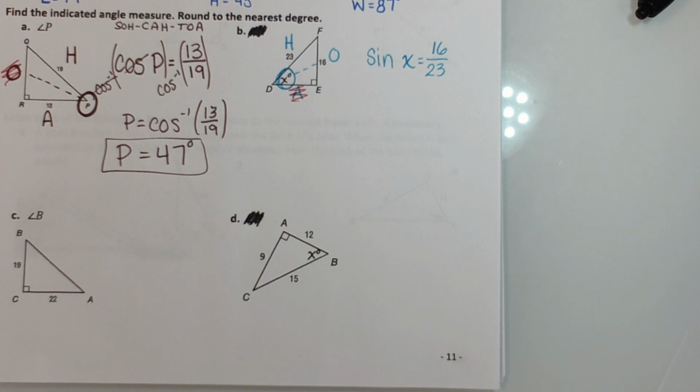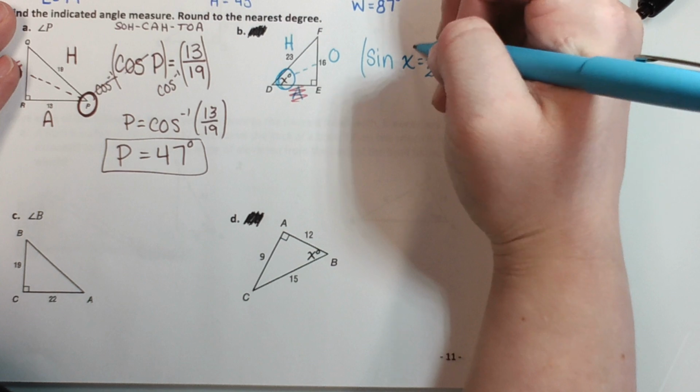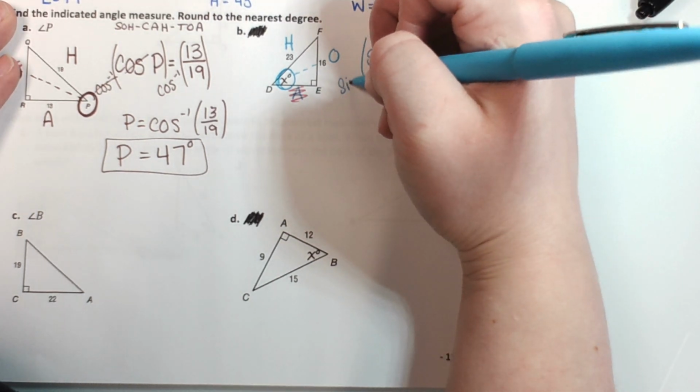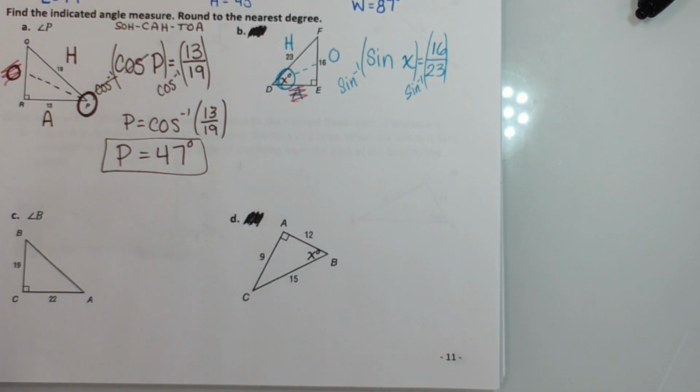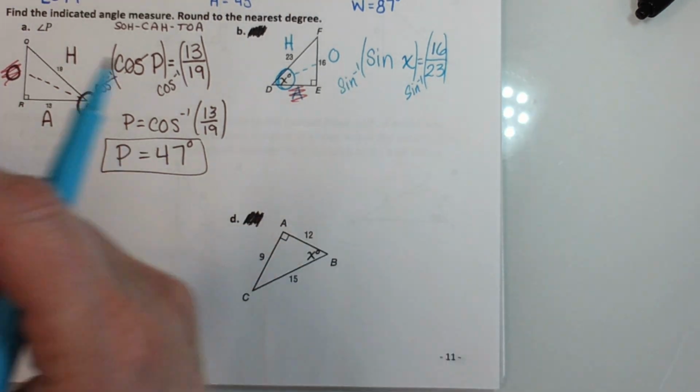Aaliyah, how do I solve for x? Perfect. Put them in parentheses and put the sine inverse in front. On the left side, sine and sine inverse are canceling.